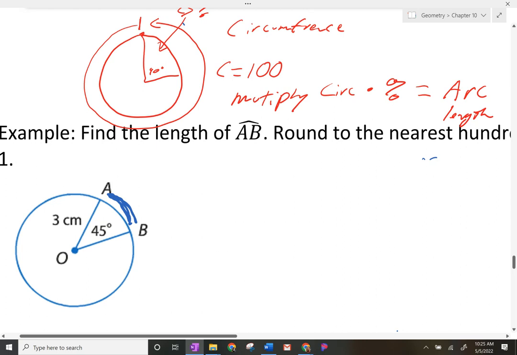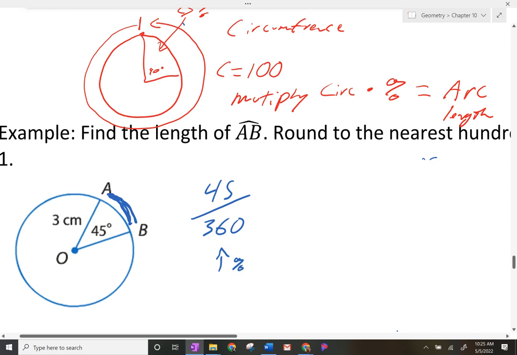So the first thing I'm going to do is convert that 45 degrees into a percentage of the circle. To do that, I will take 45 divided by 360 to get my percentage. That's my percent right there.